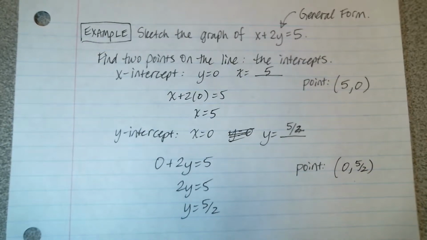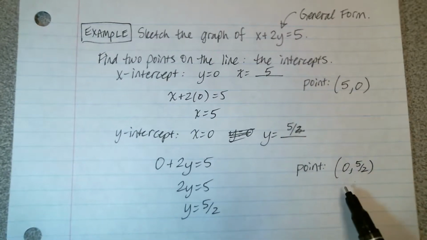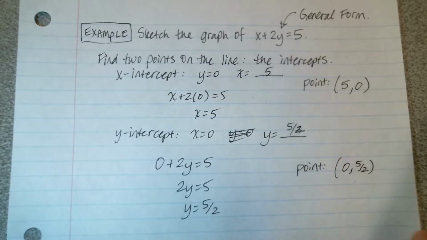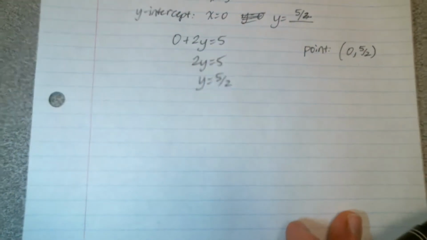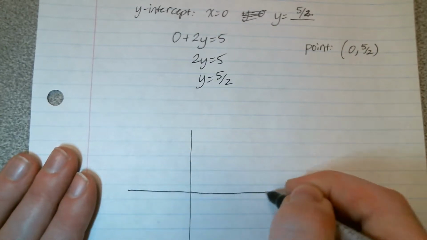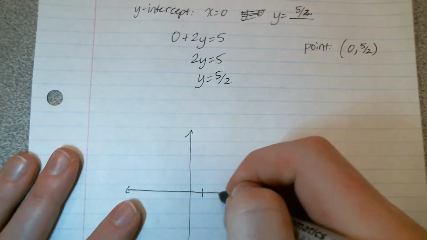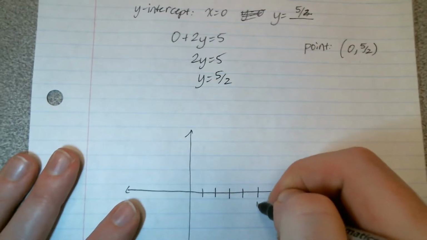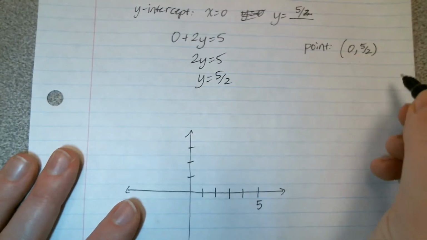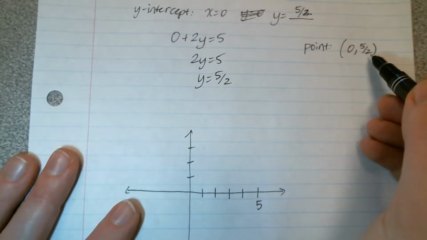So what I'm going to do is sketch a coordinate system, and we're going to plot these 2 points and then connect the dots with a nice straight line to graph this equation. So we need the point (5, 0) and the point (0, 5/2), and 5/2 is 2.5.